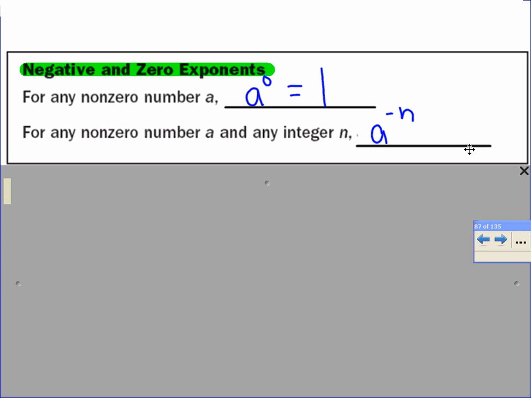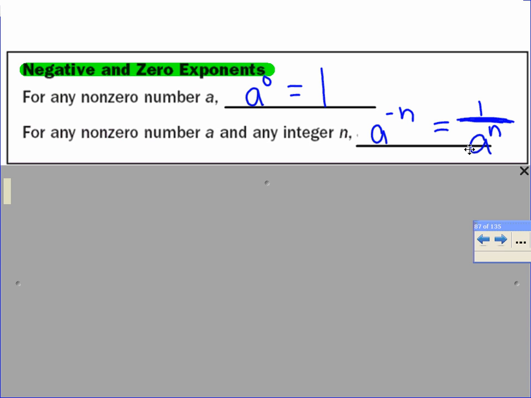Second definition. For any non-zero number a and any integer n, a to the negative n power is equal to 1 over a to the n. In other words, you cannot leave your answer with a negative exponent.